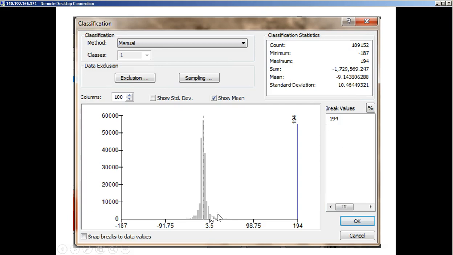Now, how did we do that? Well, here's our histogram of a difference image. Difference images very often, almost always actually, look almost normal, like an almost normal curve. You can see the mean here is -9, so it's kind of close to 0. It ranges from -187 out to +194.